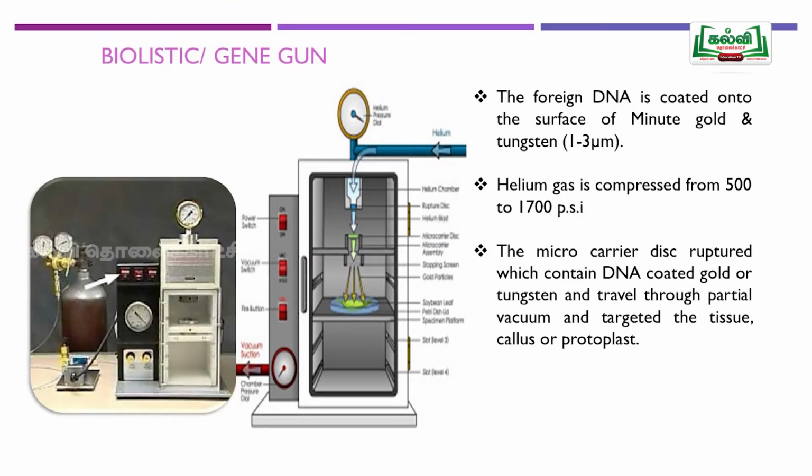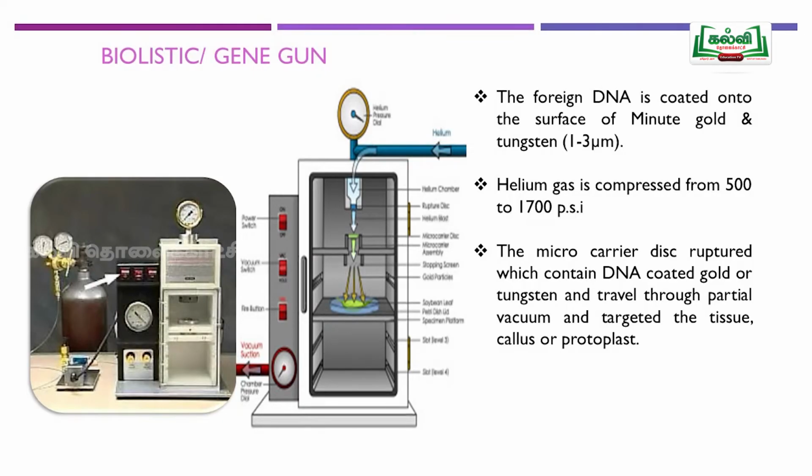Next one, ballistic gun or gene gun. Several other names are given for this technique: ballistic gun, gene gun method, particle bombardment method, particle projectile method. One of the efficient techniques used in biotechnology for gene transfer is this ballistic gene gun method. In the ballistic gene gun method, we have to apply certain pressure.